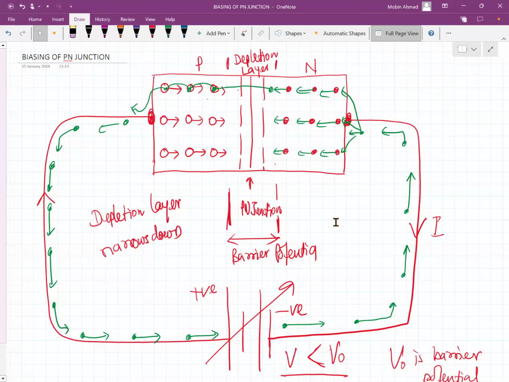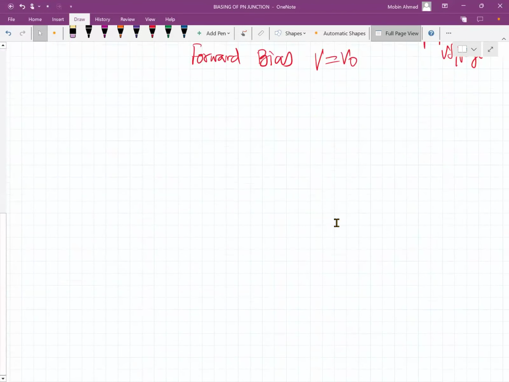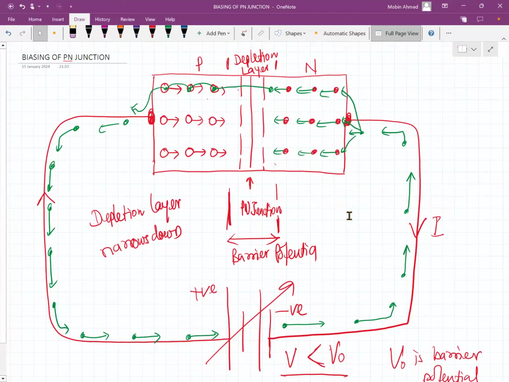Now let's see about the reverse biasing. What is happening in that?